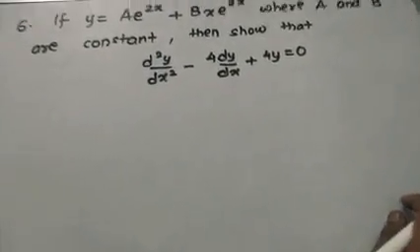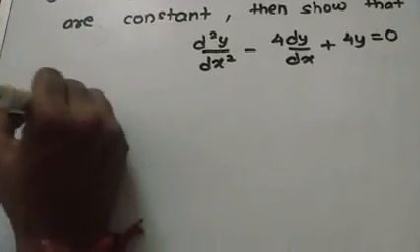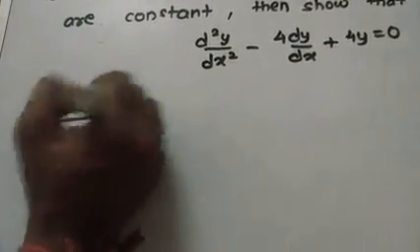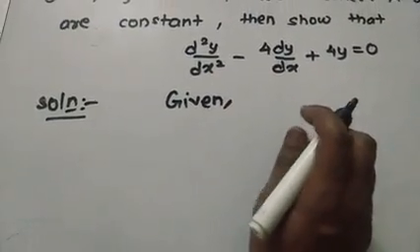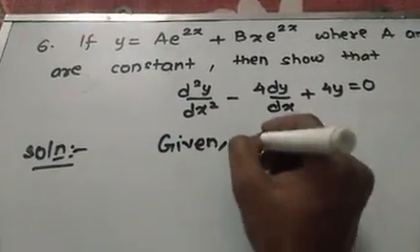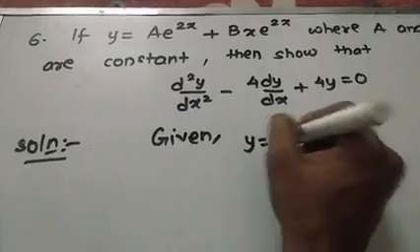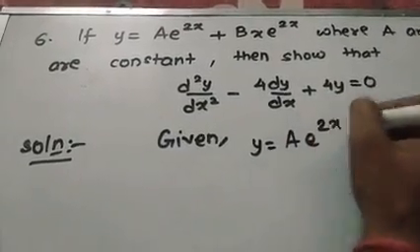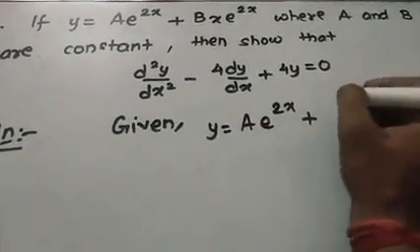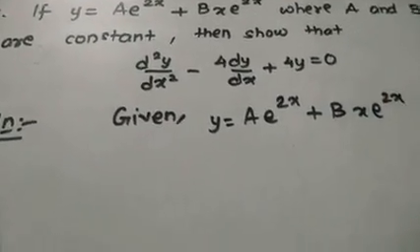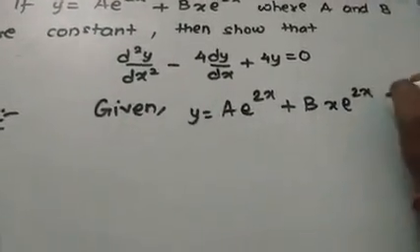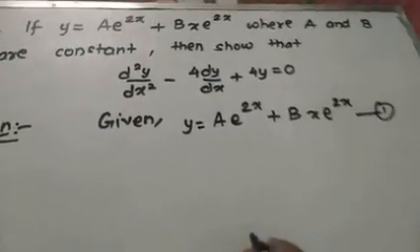So let's start. First of all, given y equals a e to the power 2x plus bx into e to the power 2x. Name this expression as 1.